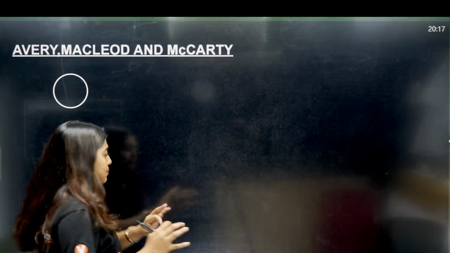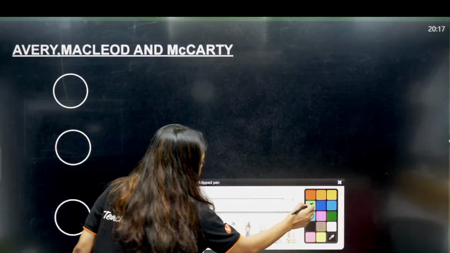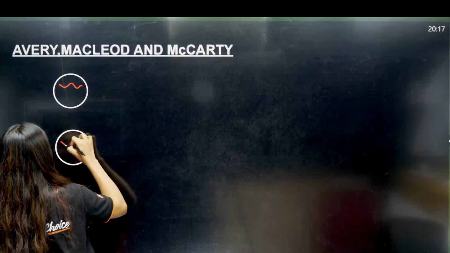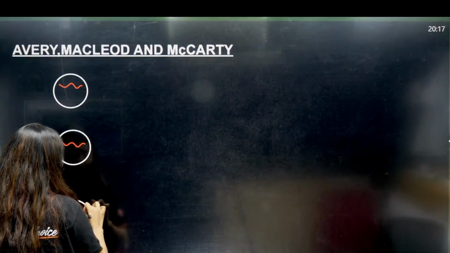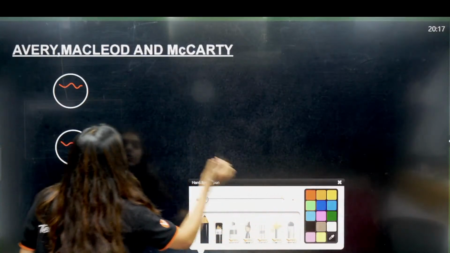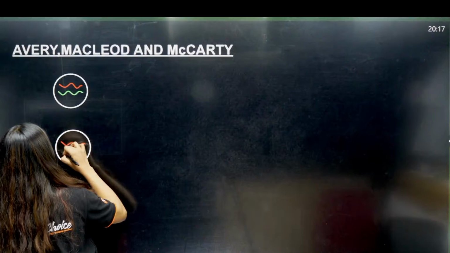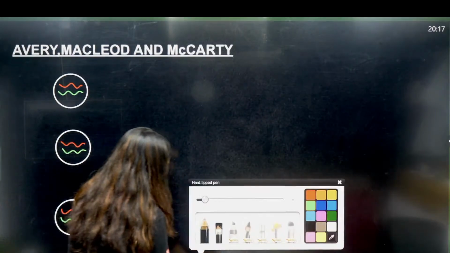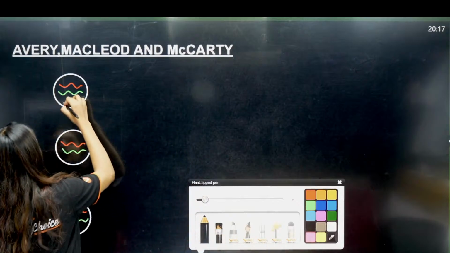So first, what did they do? They took three enzymes. Let's draw all three of them, students. This is your protein, this is your RNA, and DNA.